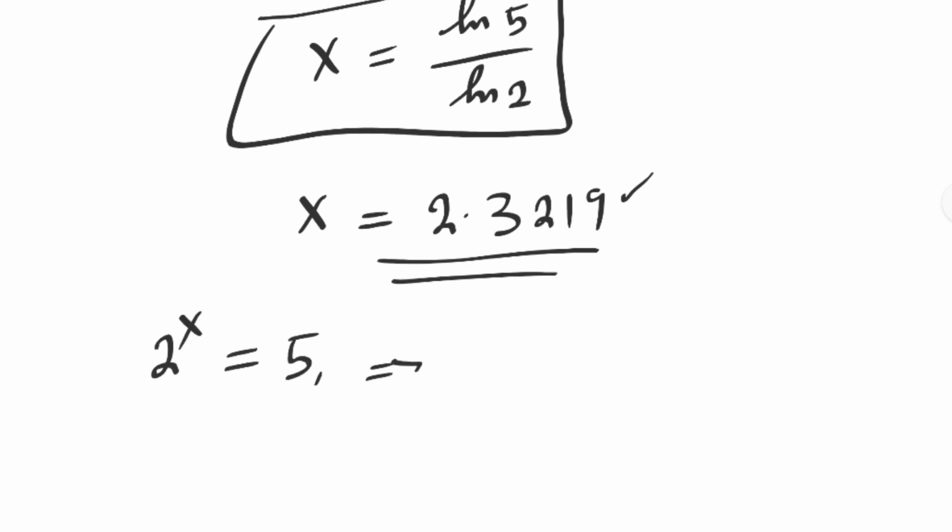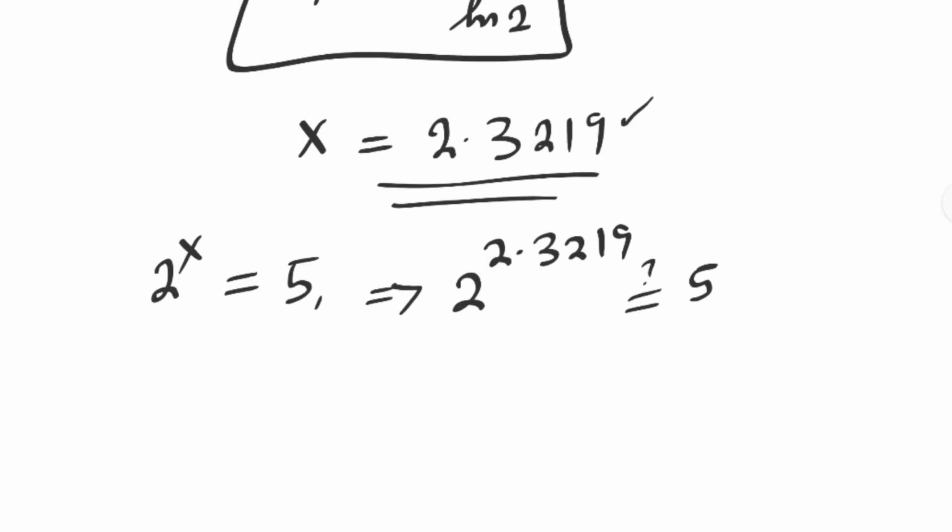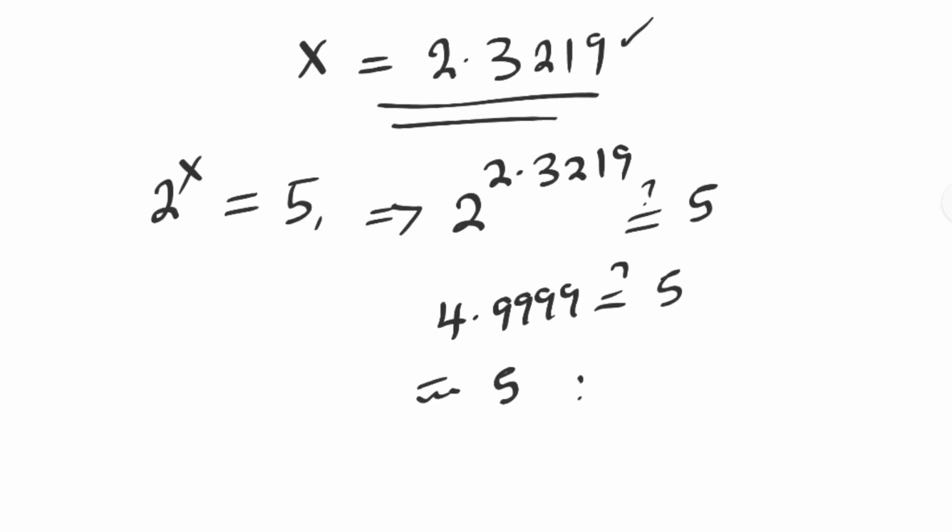Then this is 2 raised to power 2.3219 must be equal to 5. 2 raised to power 2.3219, this is 4.9999, which is approximately equal to 5. Therefore, the left hand side, 5, is equal to the right hand side, 5.